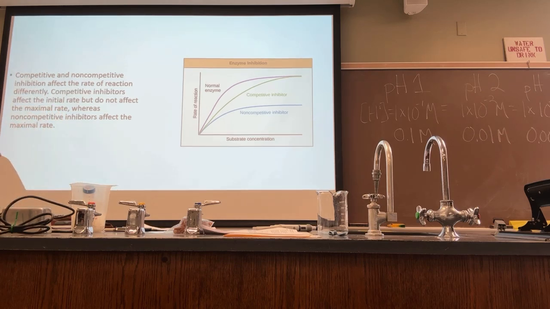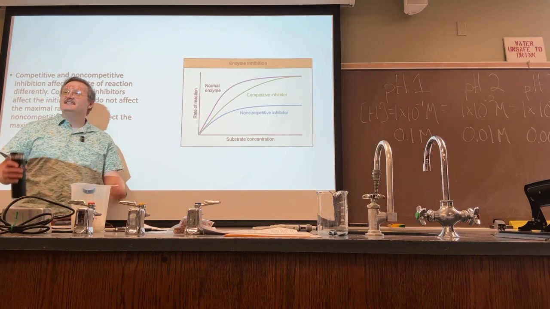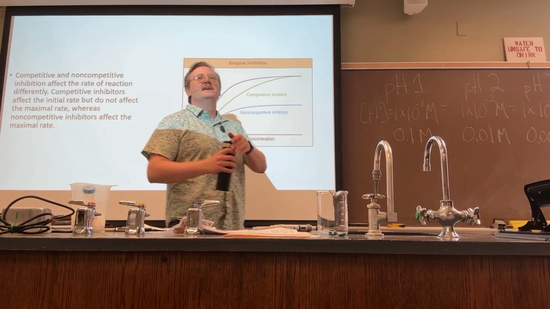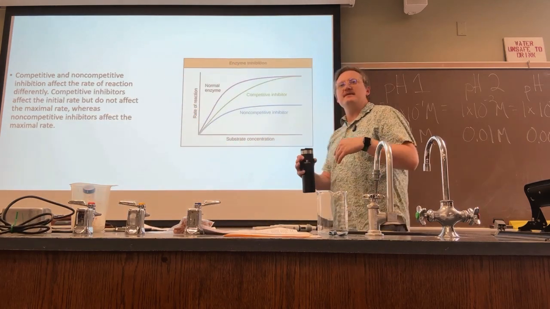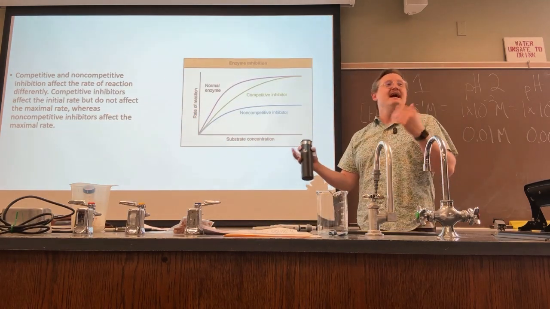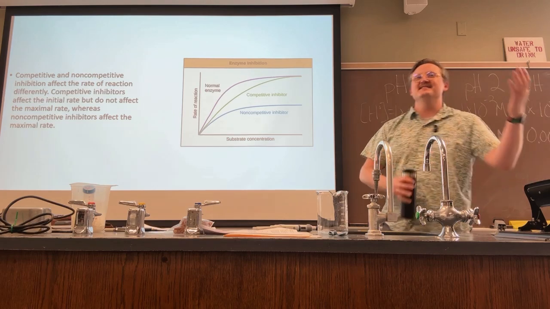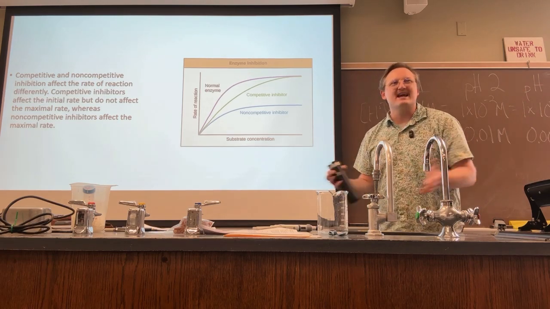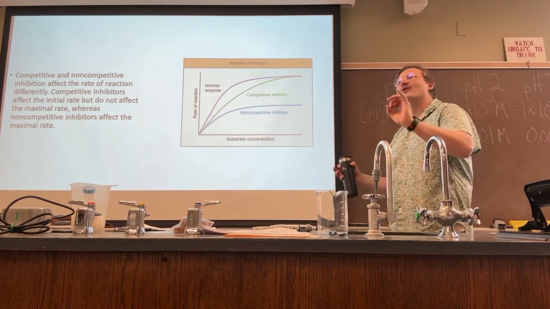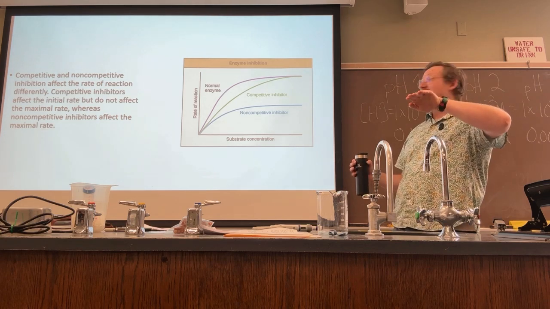Competitive and non-competitive inhibitors function differently inside the cell. If you're taking biochem or genetics, they'll probably talk about how the body uses competitive inhibitors here and non-competitive inhibitors there because of how tightly it needs to regulate the reactions, and how important it is that the enzyme stops functioning.